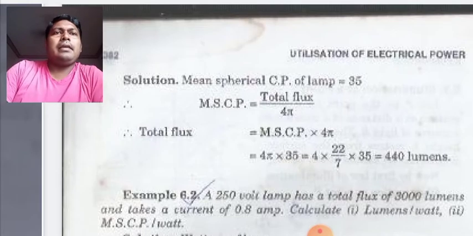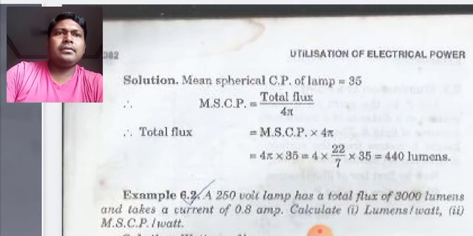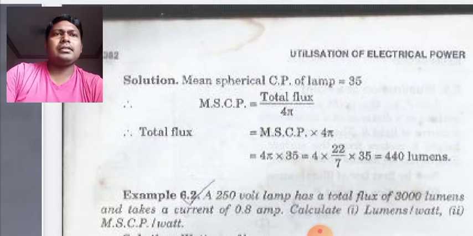Here the MSCP, or mean spherical candle power, of the lamp is 35. According to the formula we have already discussed in our previous class, MSCP is equal to total flux divided by 4 pi. Now total flux is equal to MSCP into 4 pi.